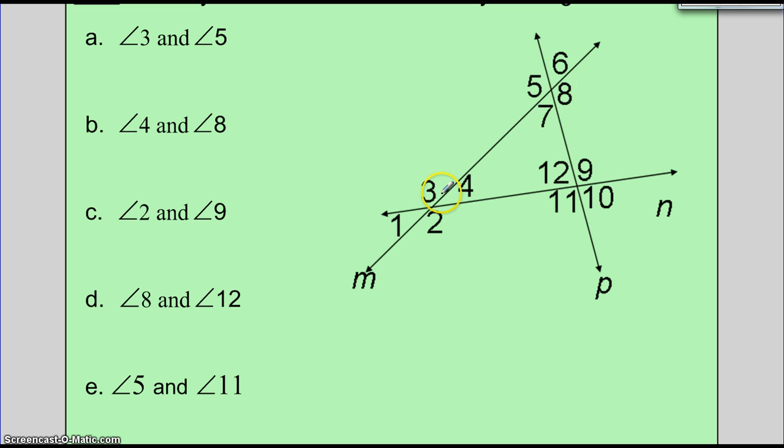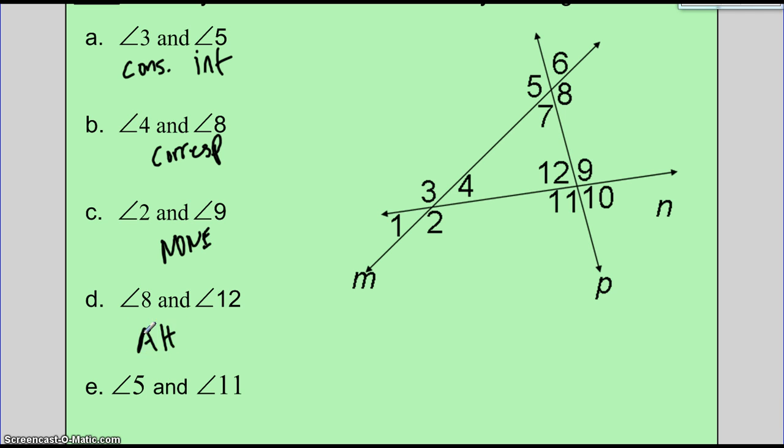Now 3 and 5 are consecutive interior. 4 and 8 are corresponding. 2 and 9 are, well, nothing. 8 and 12, where are they?